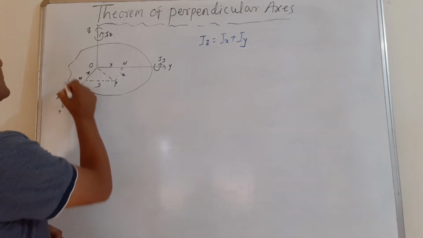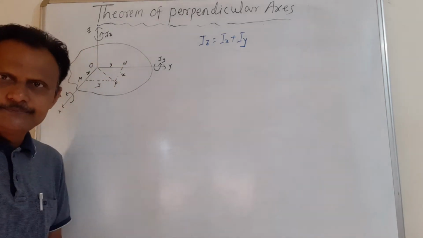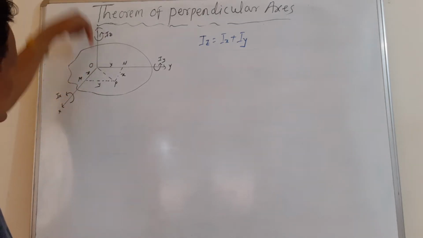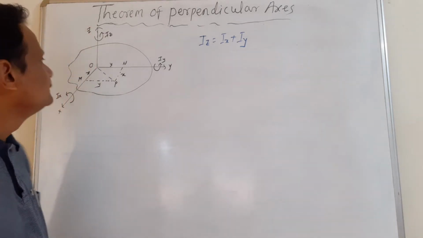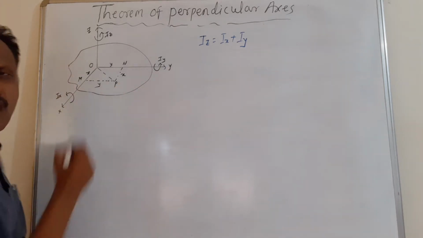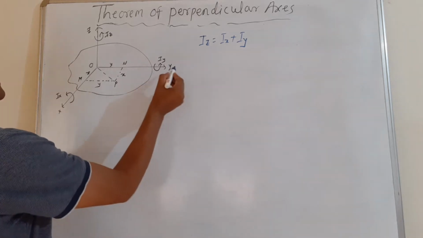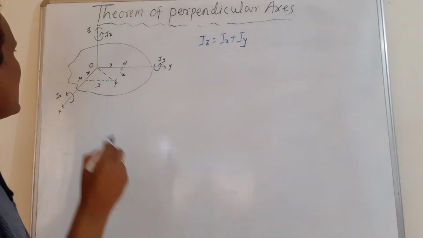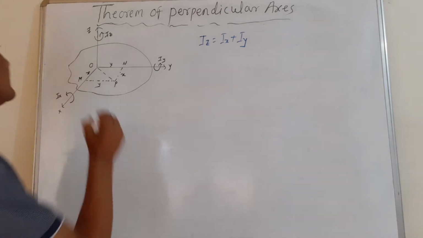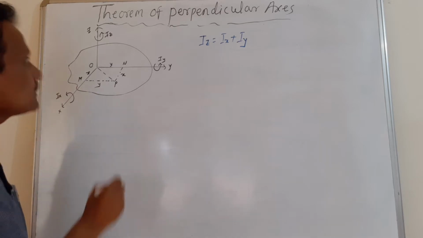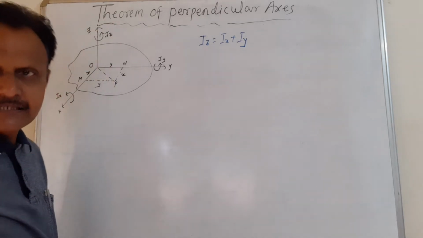Now this z axis intersecting perpendicular as well as the axis x and y is also along a lamina, and this axis intersecting at the same point, where the perpendicular axis cuts the lamina.